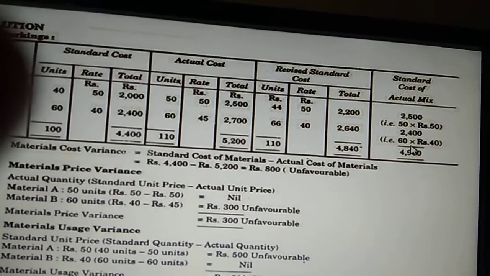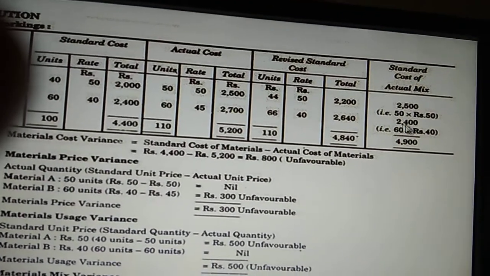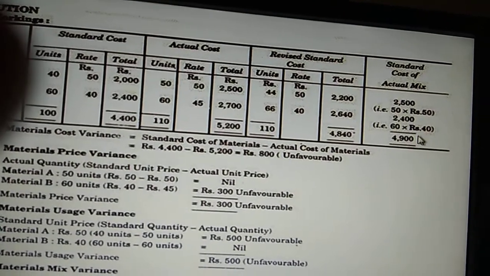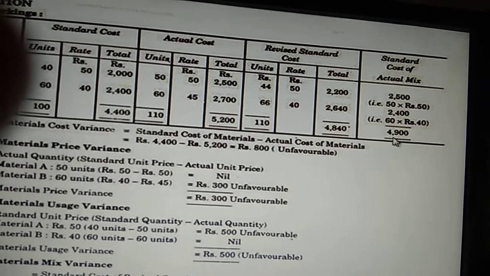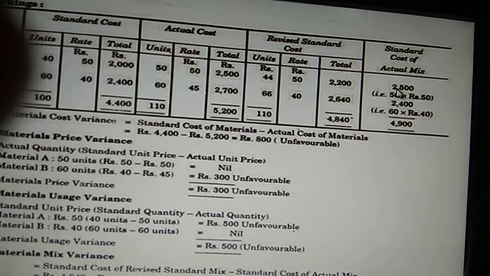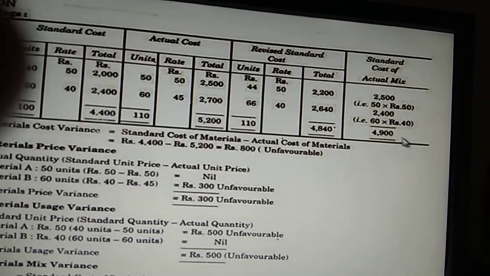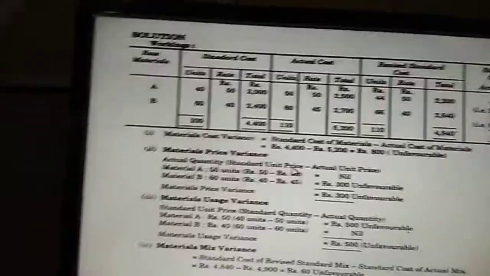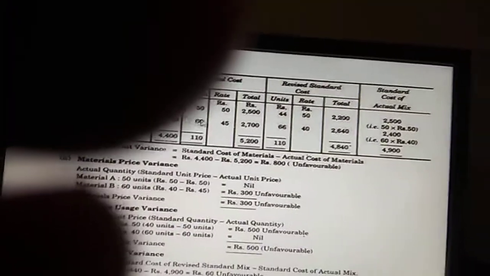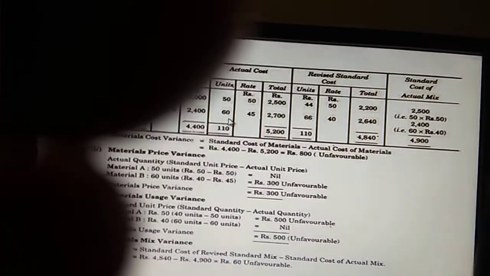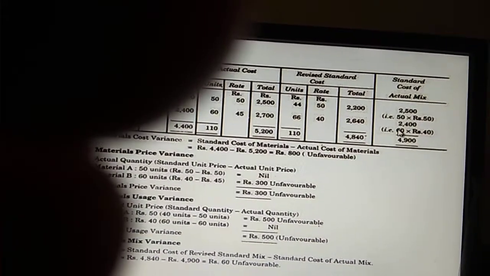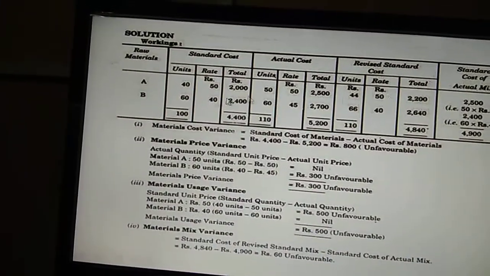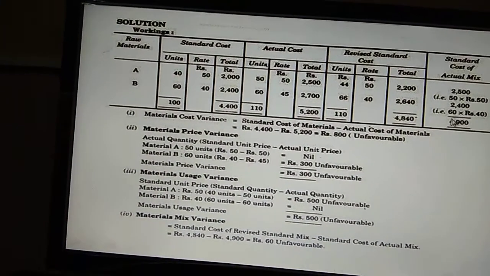And B is 60 actual units and the rate is 40, as per the standard set, so it is 2400. See, the actual units are 50 and 60, and the rates we have to take are the standard 50 and 40. The total is 4900.